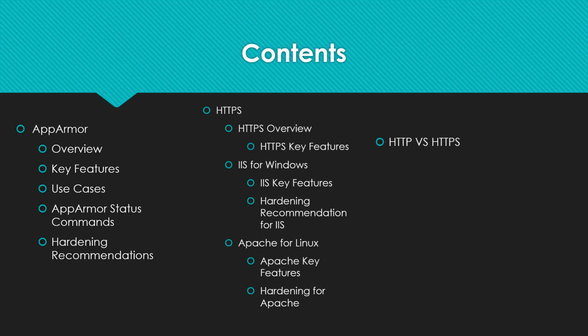We'll have a slight overview of HTTPS and learning about its key features. Then we will slide on over to IIS and learning about IIS key features and hardening recommendations for IIS. And then we'll take a look at Apache with Apache's key features and the hardening recommendations for Apache. And then the subtopic that we will also discuss will be HTTP versus HTTPS.